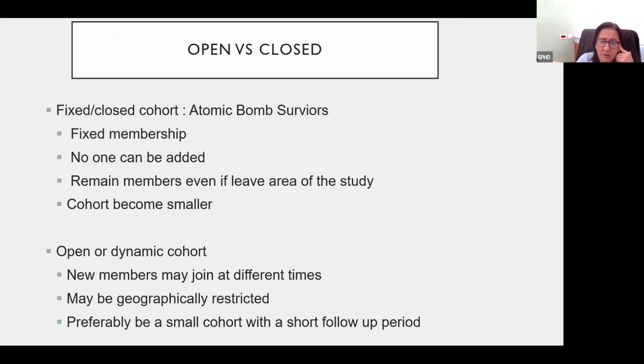Another type of cohort is fixed versus open cohort. This is very important because it also directs the way you are going to analyze the data, how you deal with the data. So either you are with fixed members, the people who will be with you throughout, and you don't add anyone.